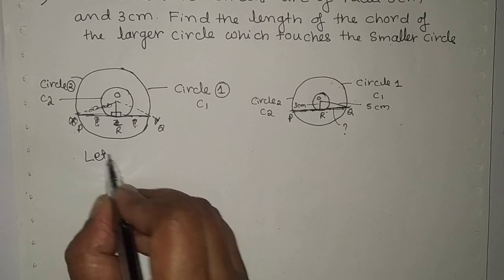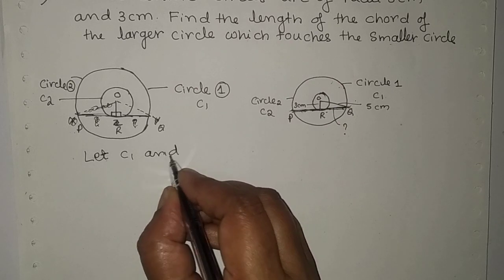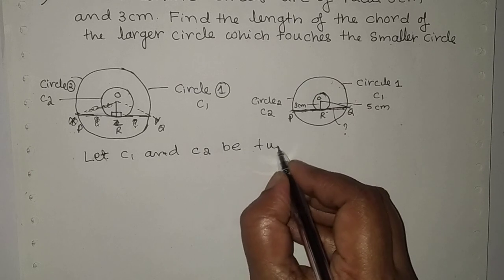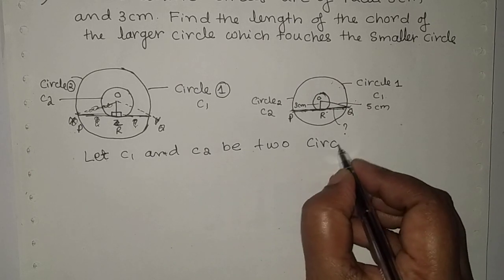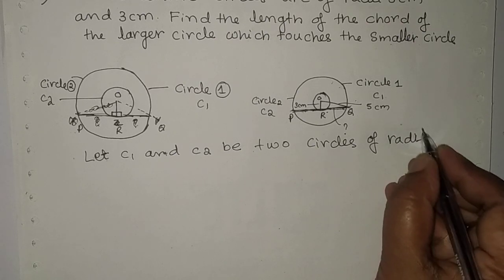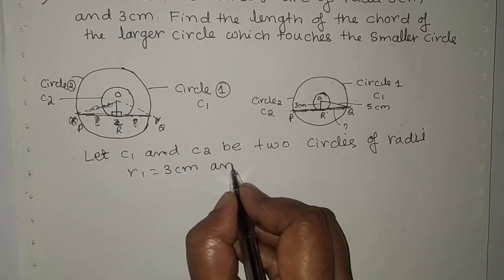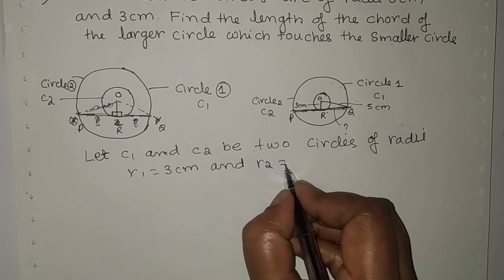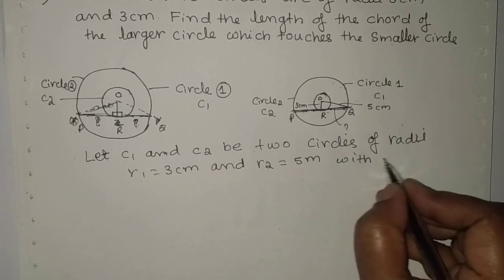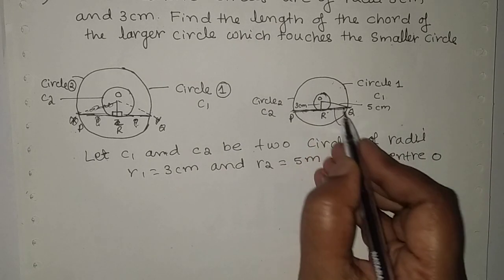Let C1 and C2 be two circles of radii R1 is equal to 3 centimeters and R2 is equal to 5 centimeters, with common center O here.